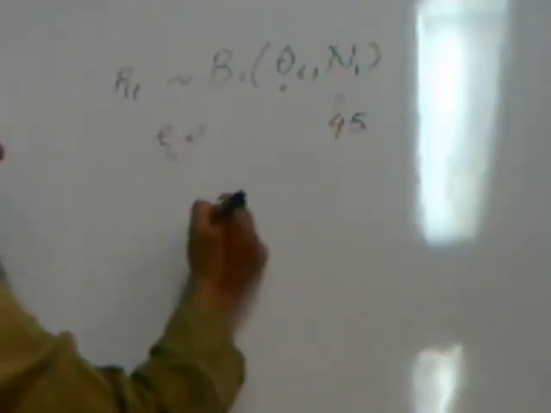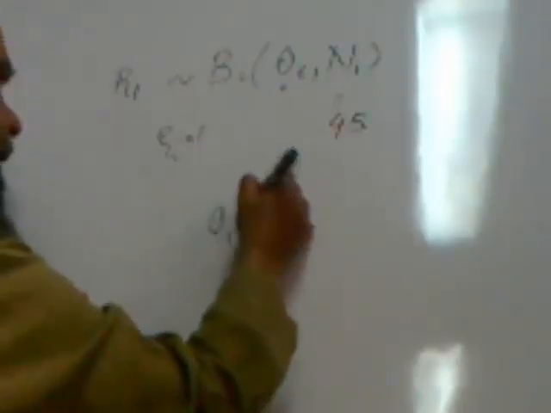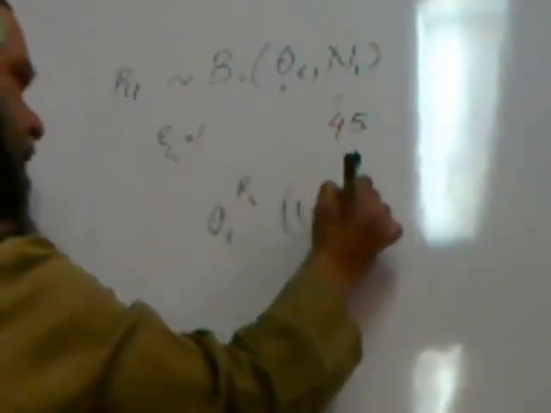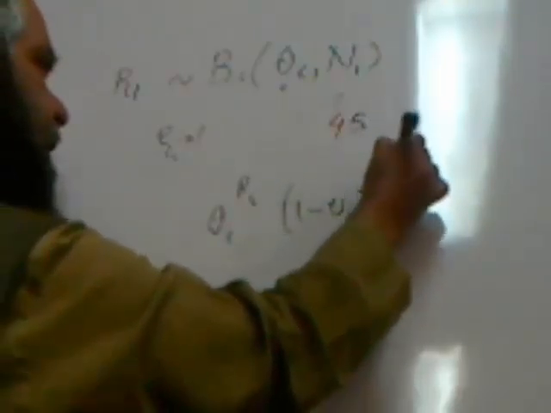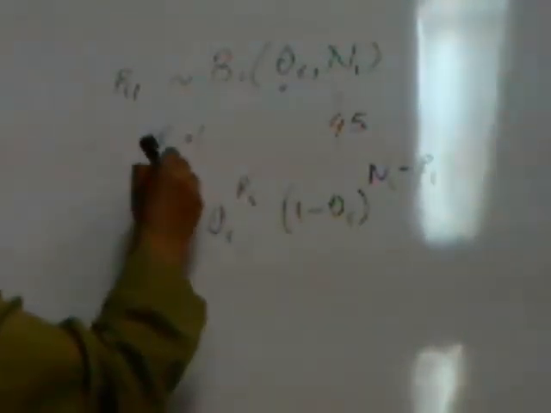And now the distribution of this is theta I to the Ri, 1 minus theta I to the Ni minus Ri. So that's the density for one of them, and then we have 12 months, and there are some constants.